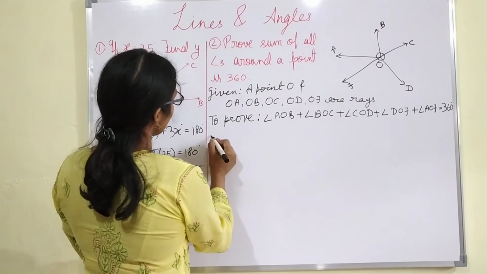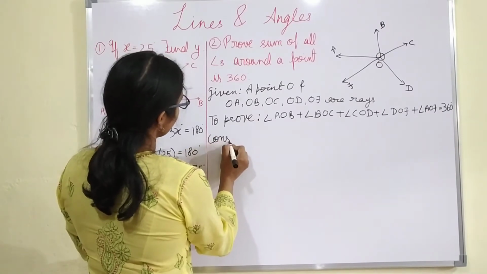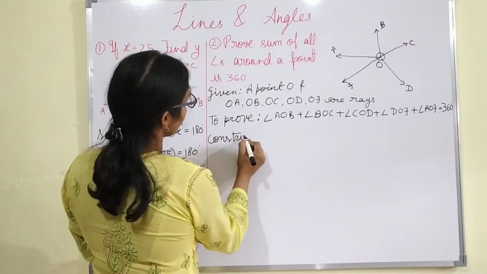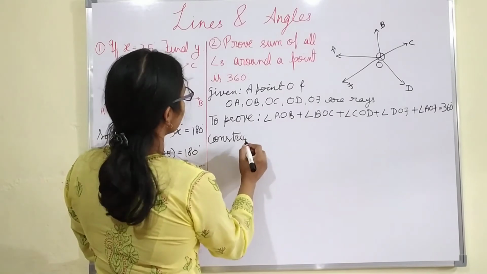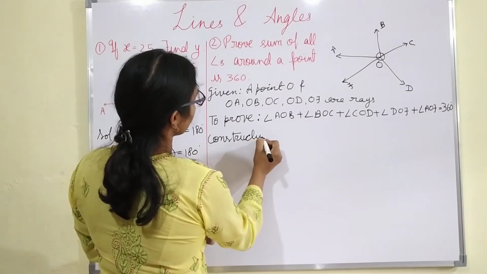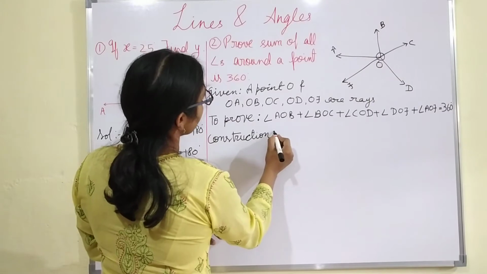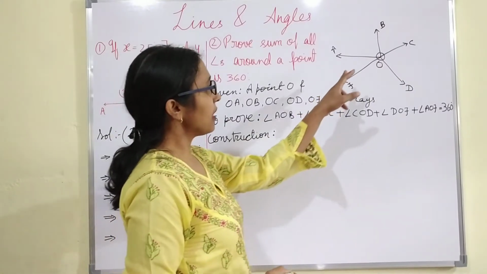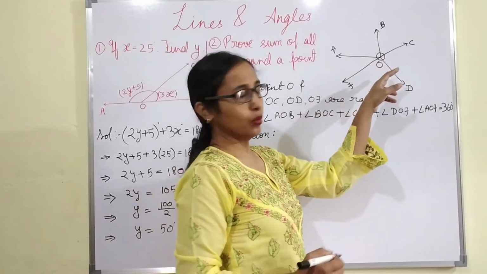Now, construction. Draw a ray opposite to AO.